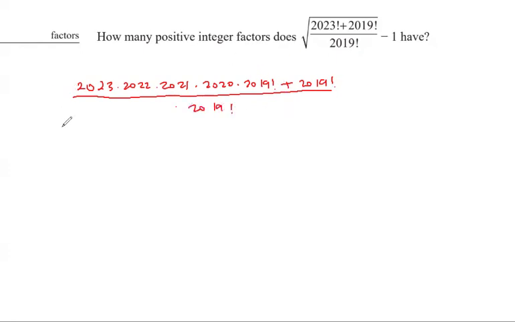So I can just take the square root, but I'm going to do it later. If I put the 2019 factorial as a common factor in the numerator, then 2019 factorial and 2019 factorial will be canceled. So you will be just left with 2023 times 2022 times 2021 times 2020 plus 1. So now we want to take the square root.